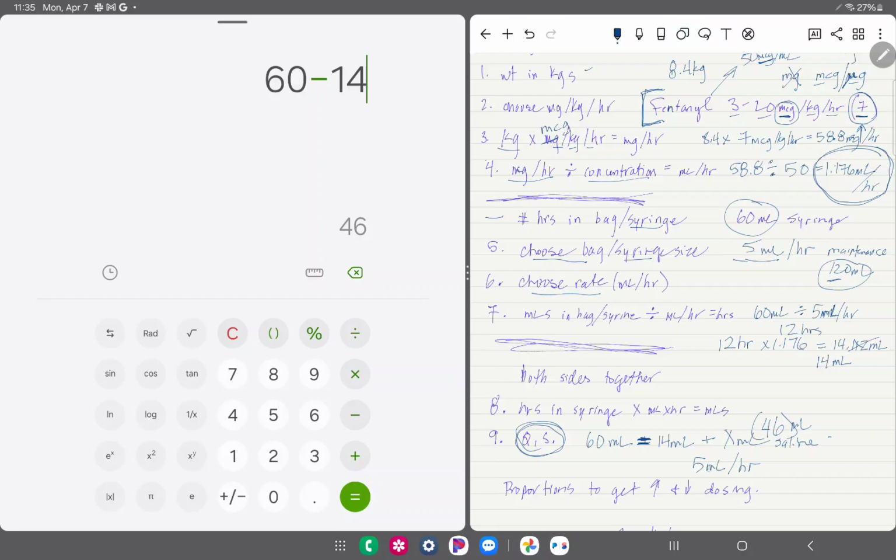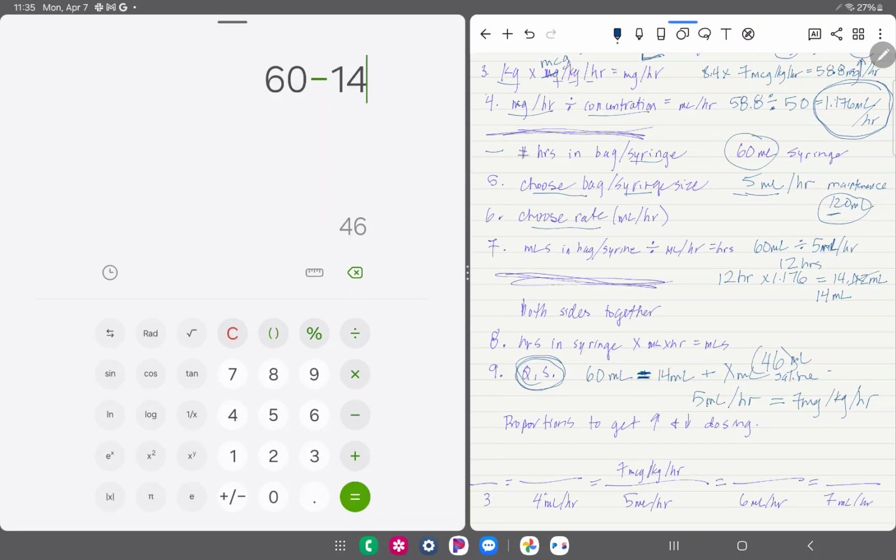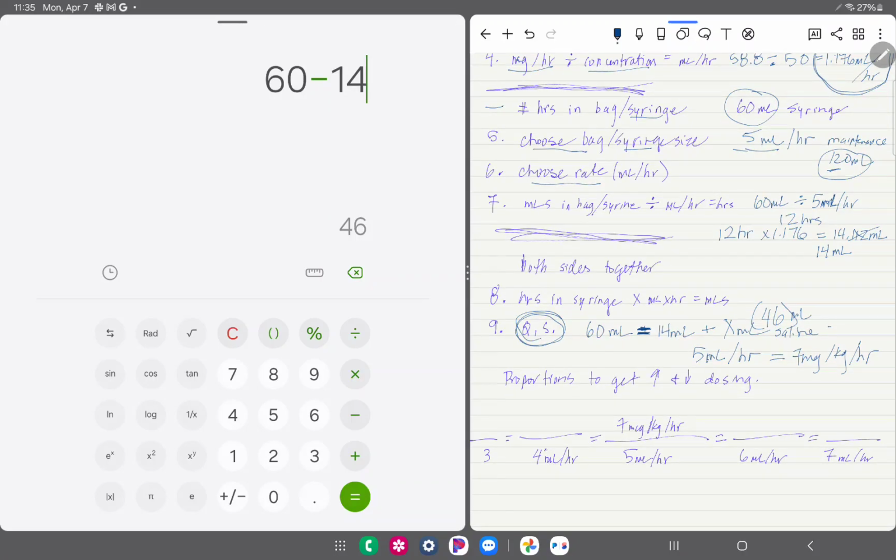And for every 5 mils, I know that is equivalent to 7 mic per kg. And that'll be running every hour, or kg per hour, I suppose you should say. So that's the same every single time. Perfect, wonderful, that's exactly what I wanted. Now, let's talk about those proportions again.